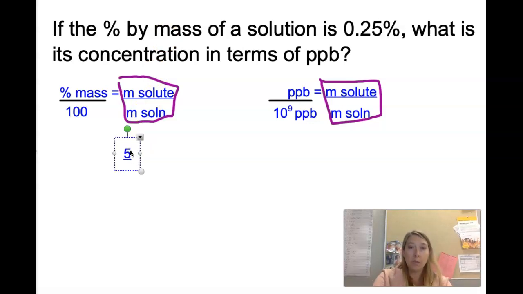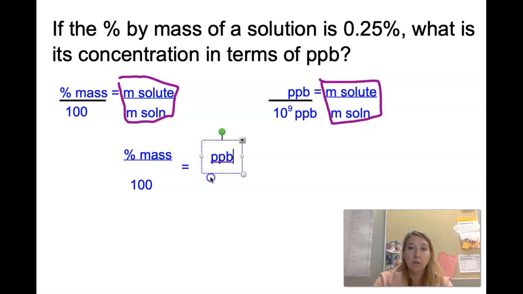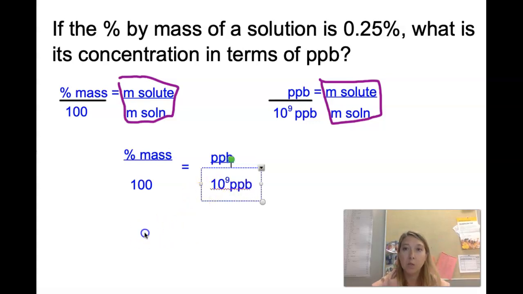And I can say that the percent by mass over 100 is equal to my parts per billion over 10 to the 9 parts per billion. So looking at the one given, I was given in the question, I was given the percent as 0.25.